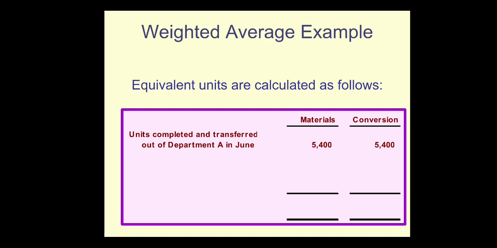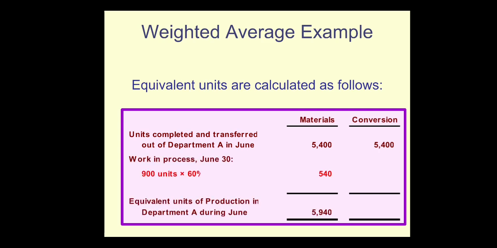For this business, if you check the previous slide, the units completed at the end of the accounting period are 5,400. So they must be 100% in terms of material and 100% in terms of conversion. So that is the units completed. But in terms of work in process, the physical units for the WIP ending is 900 units.